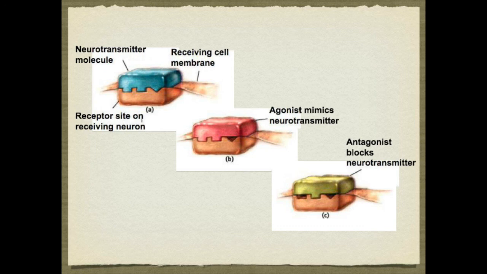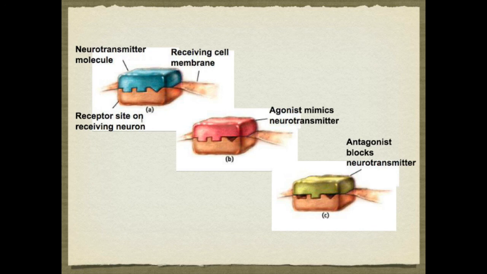And you see here the blue up in the top. That's the lock and key mechanism for how a neurotransmitter sits in the receptor site of the dendrite. We can chemically reproduce an agonist that mimics that neurotransmitter enough so that it can get the receiving end of the dendrite to think that neurotransmitter is sitting in that receptor site, causing the neuron to fire.